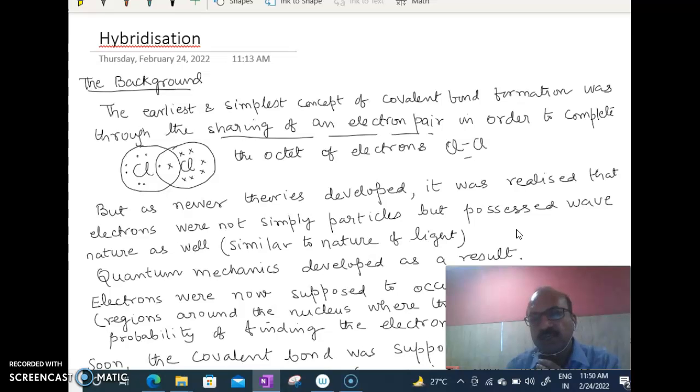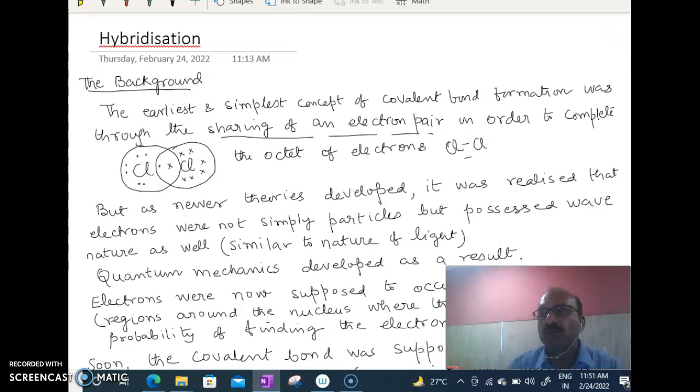So a similar change happened in the understanding of the electron, where it was realized that the electron also had the properties of both particles and waves. And therefore, this simple concept of electron pair sharing between the two atoms to form the covalent bond had to be modified in view of the new developments.